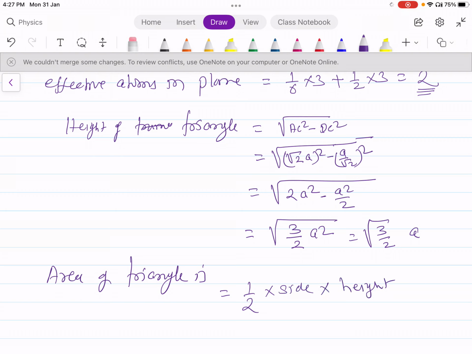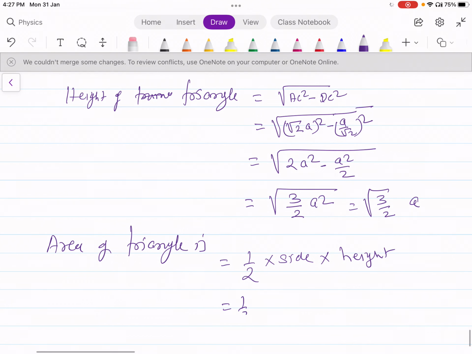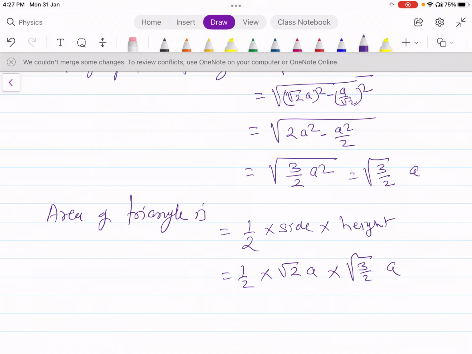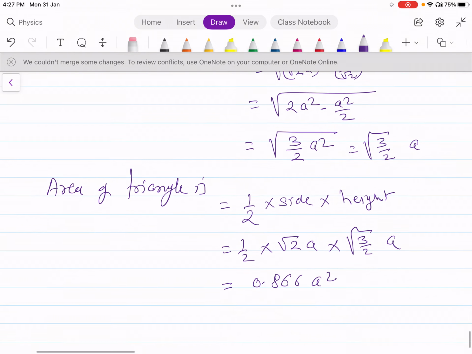So half into side, which is root 2 A, into height, which is root 3 by 2 into A, and that equals 0.866 A square, the area.